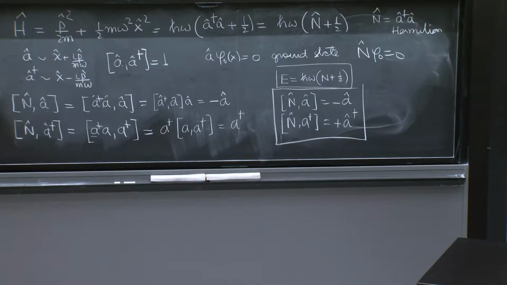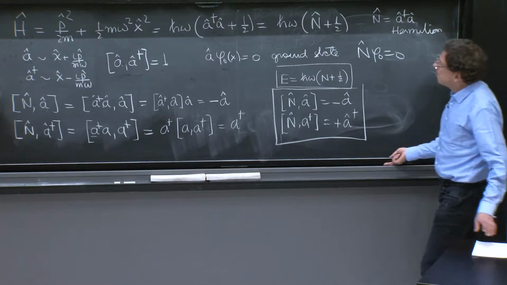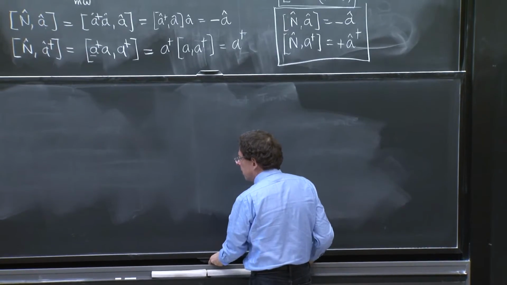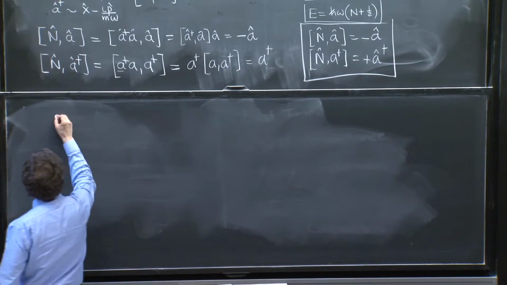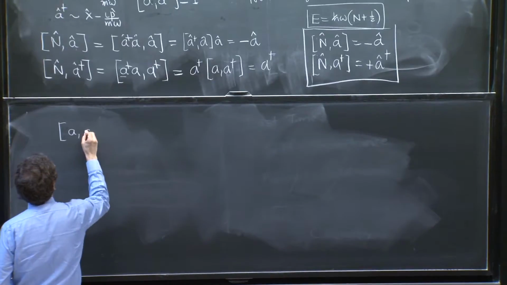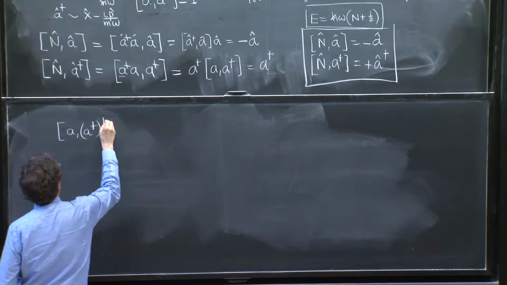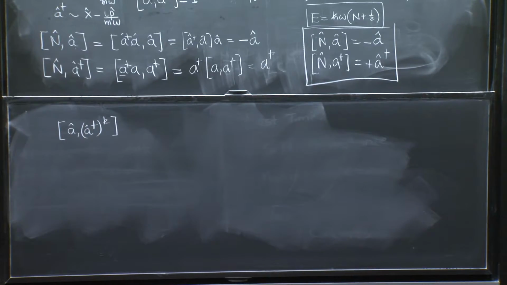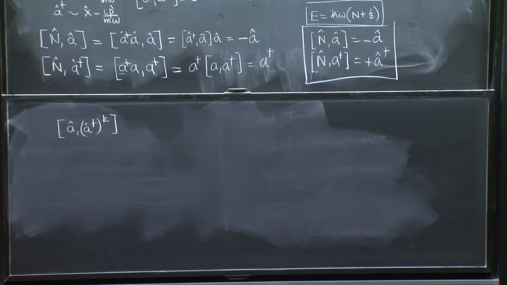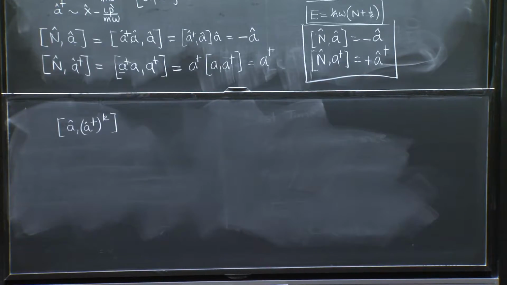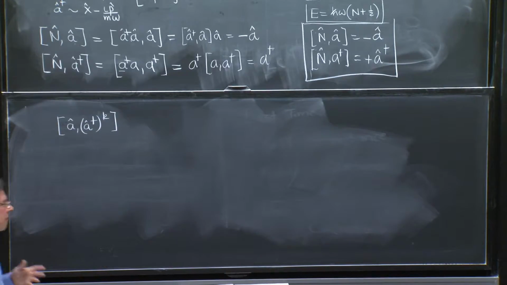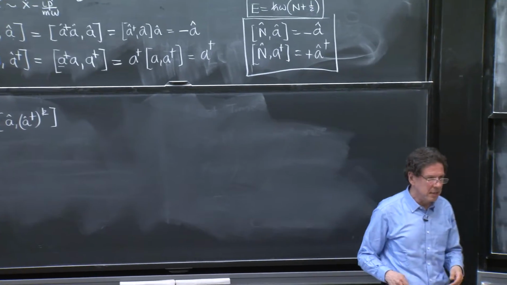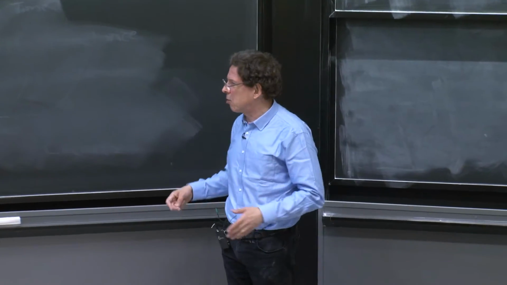But we need a little more than that. We need a few more commutators. So, for example, if I have the commutator of A with A dagger to the k, you have to become very comfortable with these commutation relations, and sometimes the only way to do that is to just do examples.